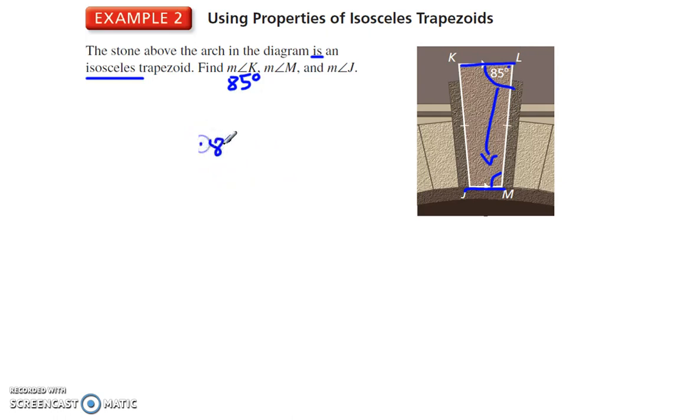So 180 minus 85 would give me 95 for this angle down here. So angle M is 95 degrees. And then angle J, by the base angles theorem, is also 95 degrees.